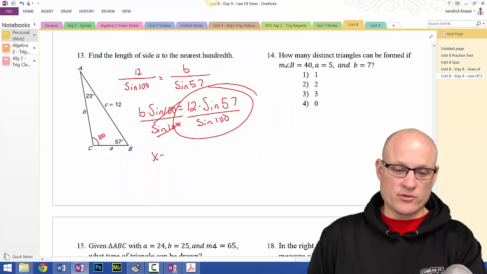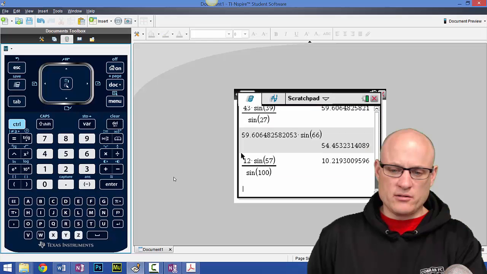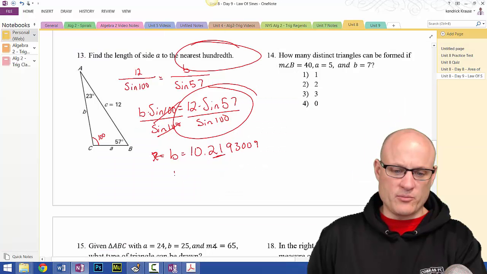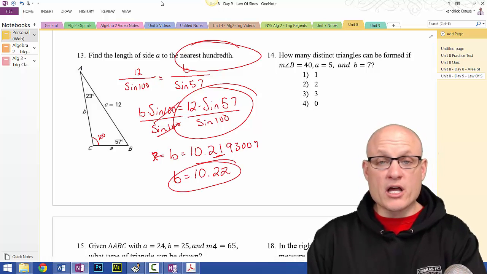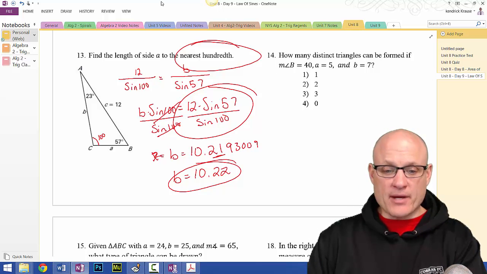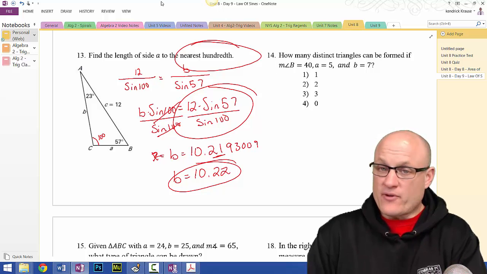Not X, B equals 10.219309. And I said nearest hundredths place, that's 2 decimals, it's right here. So the answer is B equals 10.22. Boom. So one thing you can use the law of sines for is to find a missing side.